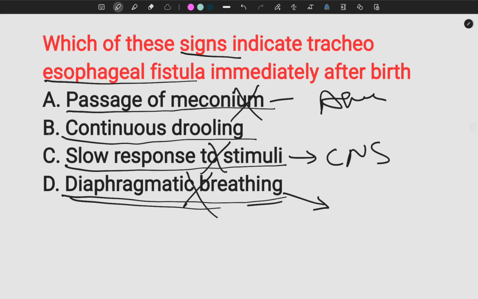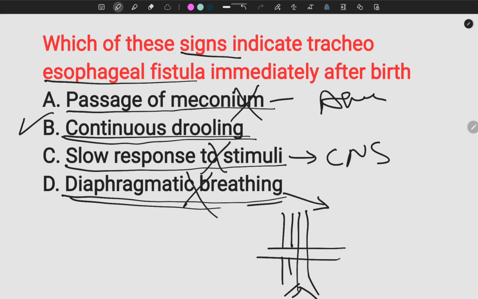It is nothing but abdominal breathing. So finally we have the right one. The right one is continuous drooling. Why? Because there is a gap between the esophagus and trachea, a discontinuation of the esophagus.